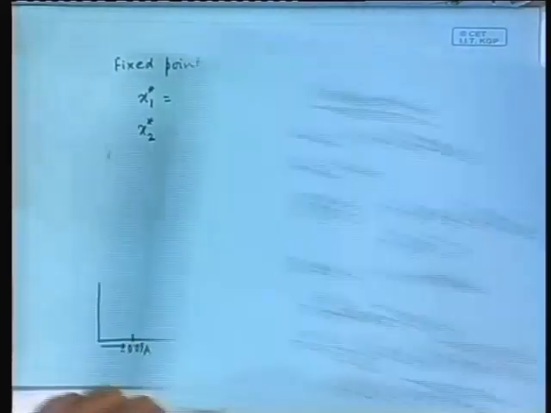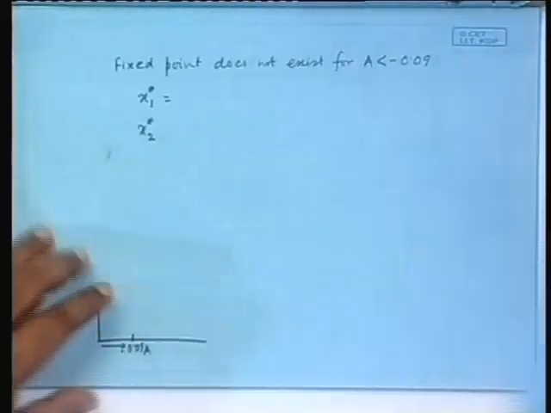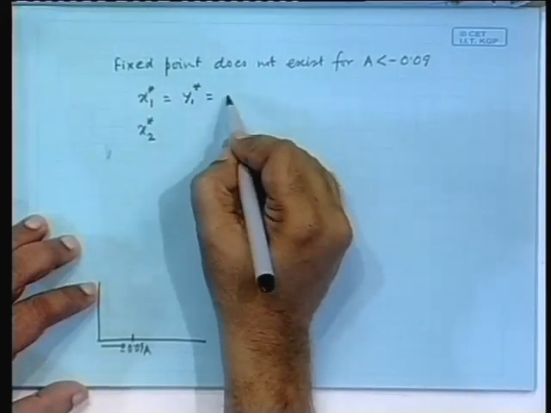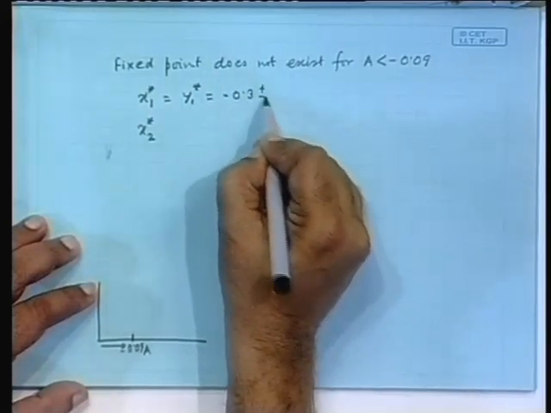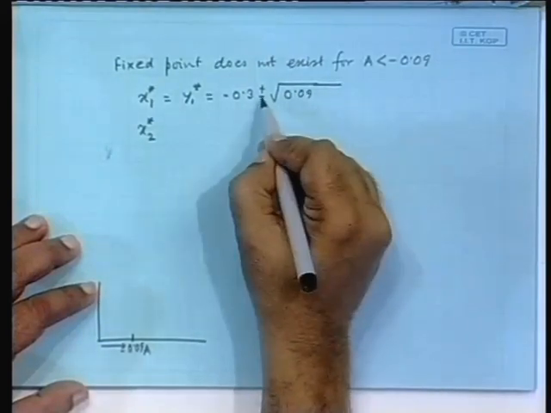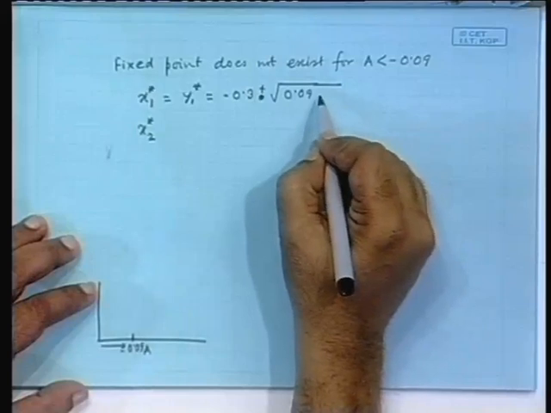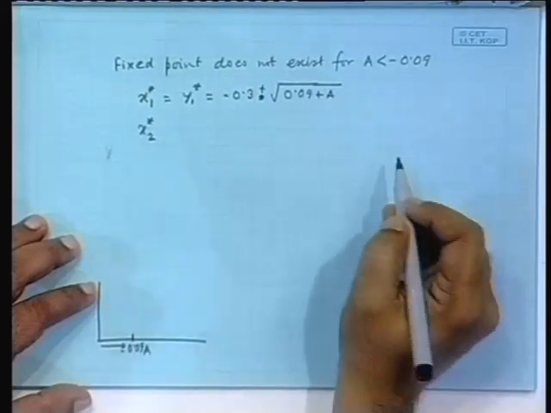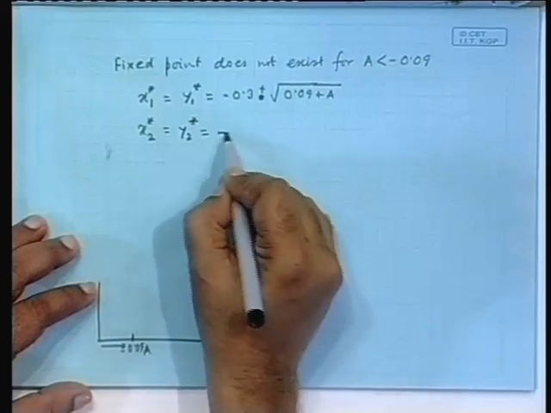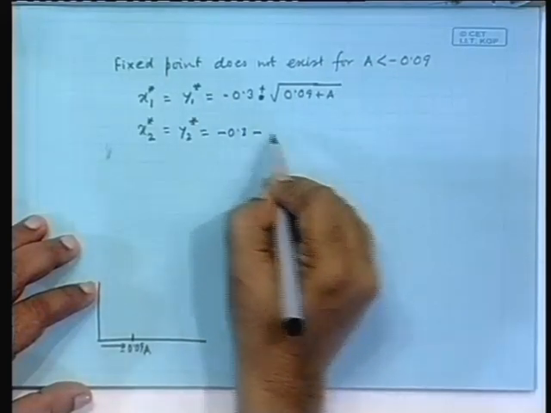because by virtue of this, y1 star is equal to minus 0.3 plus root over 0.09 plus a, and y2 star is equal to minus 0.3 minus that root.